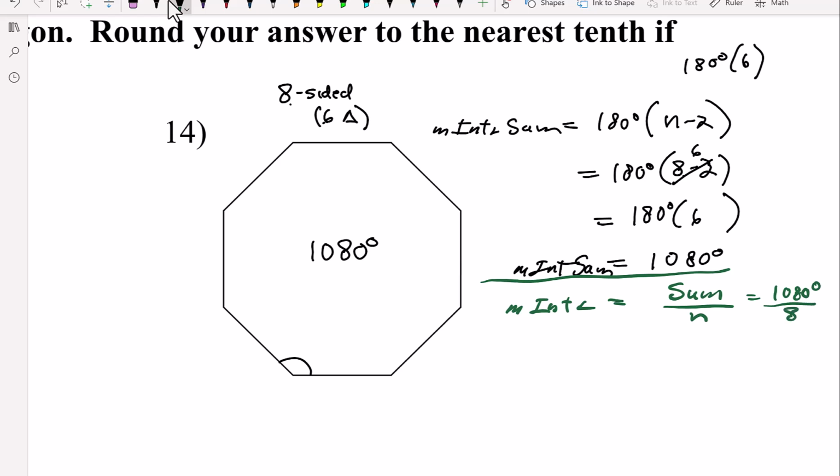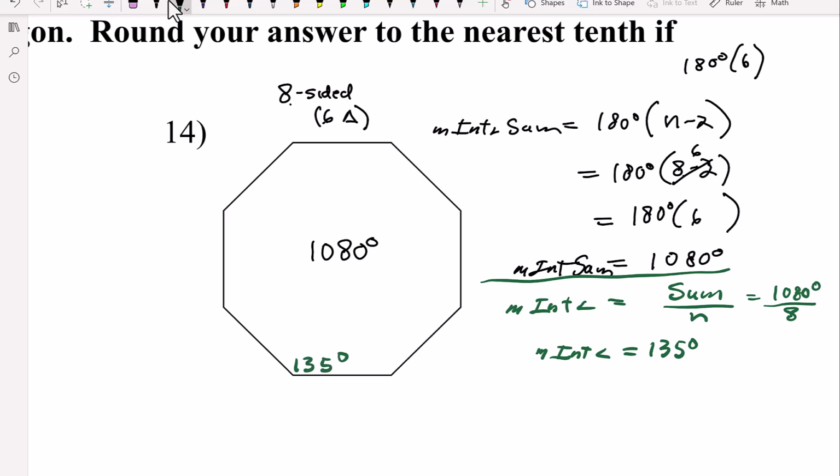This time you don't subtract 2. It's the number of angles. So 1080 divided by 8 gives us, each one of those angles is 135 degrees. So the measure of one interior angle is 135 degrees. And then I would go ahead and mark one of them.